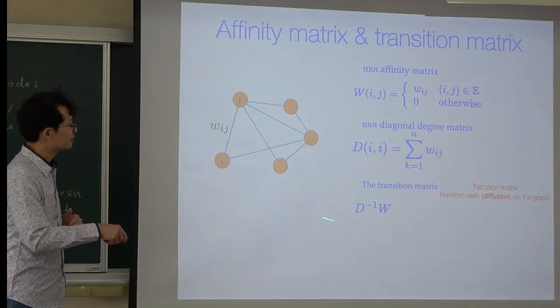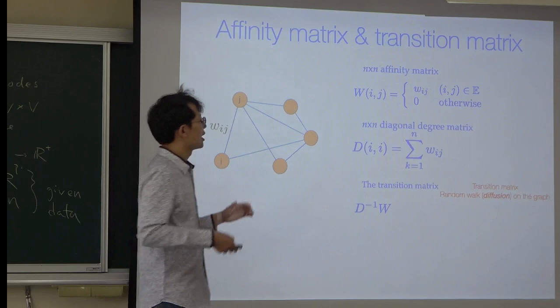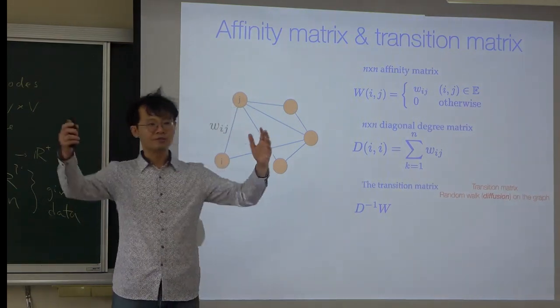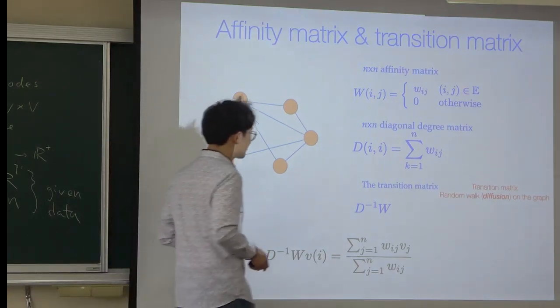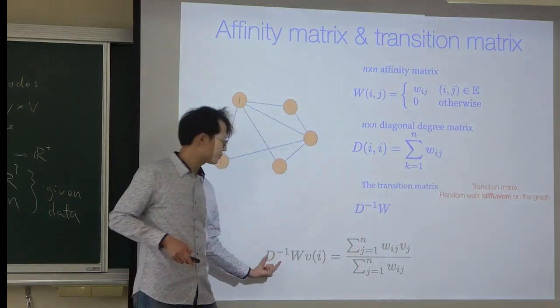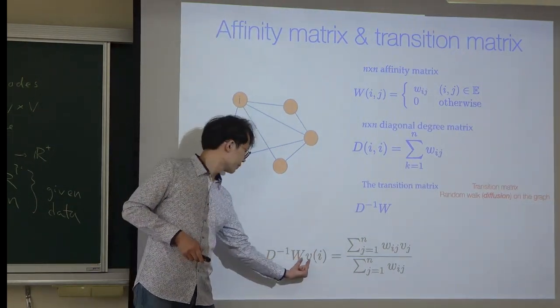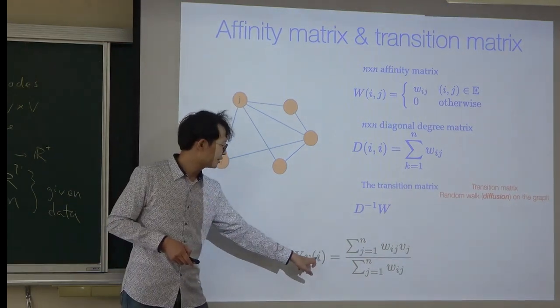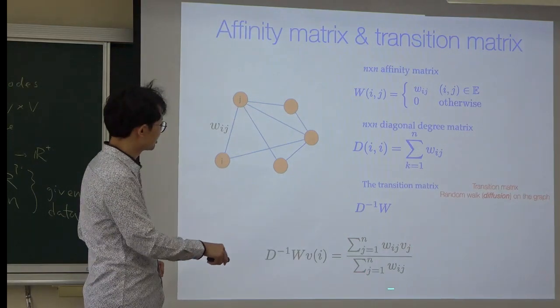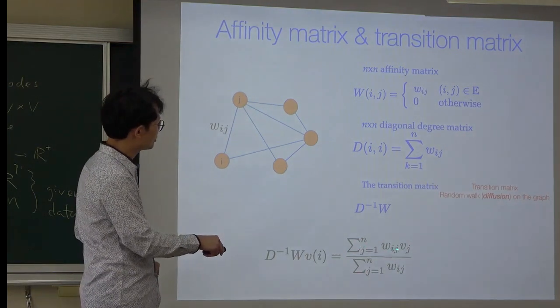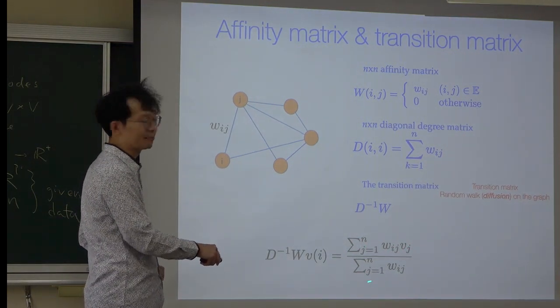So that will give you a transition matrix, or an idea of random walk or diffusion on the data set. And you can easily see this idea by expanding D inverse W applied to V as a vector, and evaluating its i-th entry. If you do an expansion, you will see this is what you have: summation Wij Vj divided by summation Wij.